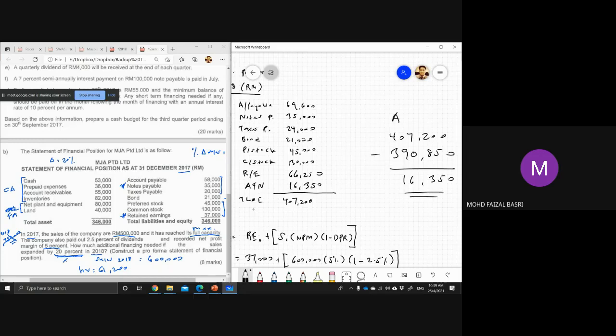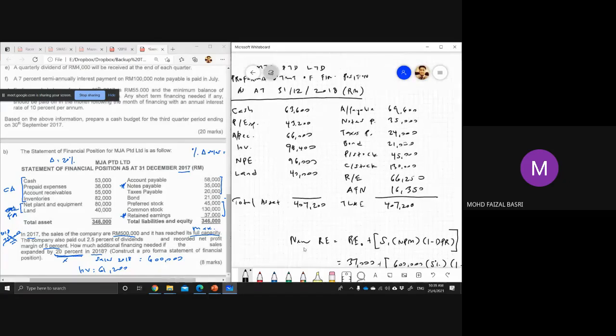So this is essentially a process, a process to find the additional funds needed. AFN stands for additional funds needed, or external funds needed. So this amount 16,350 is actually the amount needed from external sources. So for this company, what I can conclude here is that this company needs to invest 61,200 ringgit.